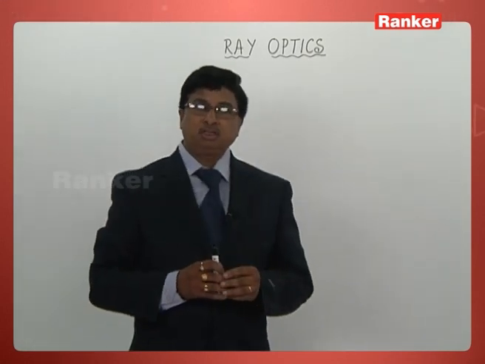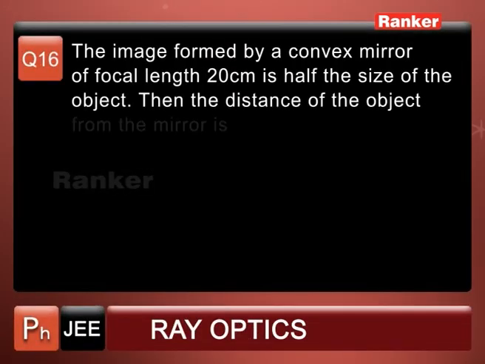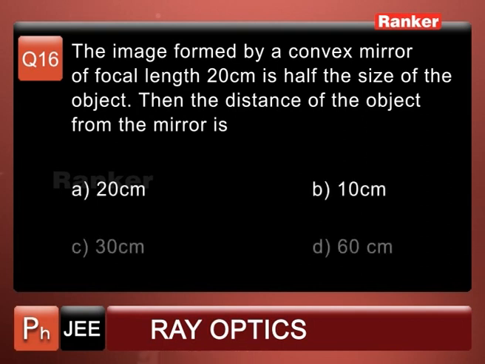Check the next one, problem number 16. The image formed by a convex mirror of focal length 20 centimeter is half the size of the object. Then the distance of the object from the mirror is how much?